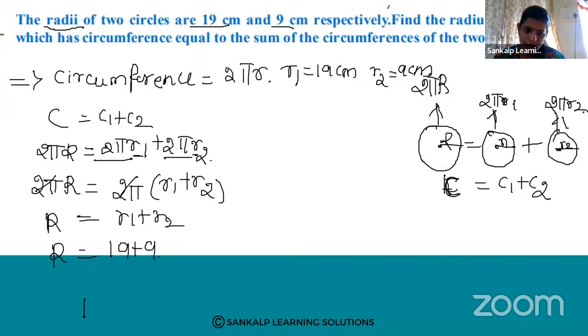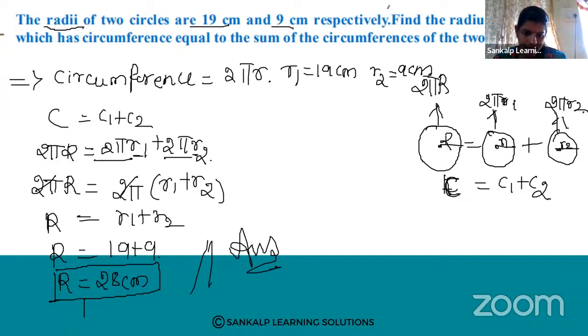So R is equal to 19 plus 9. Yes, that is 28 centimeter. So find the radius of the circle. That is the radius of the circle. R is 28 centimeter. Okay. So the final answer is the radius of the circle is 28 centimeter. This is our final answer.